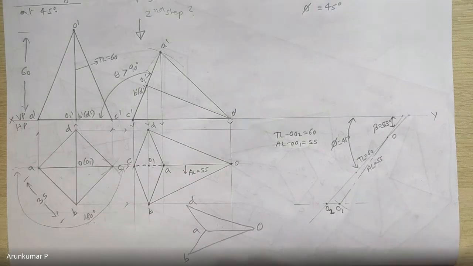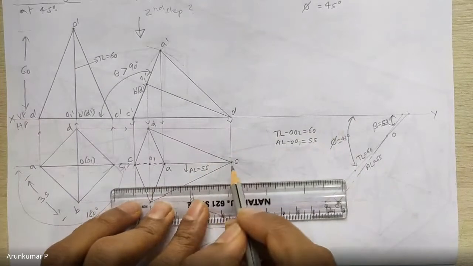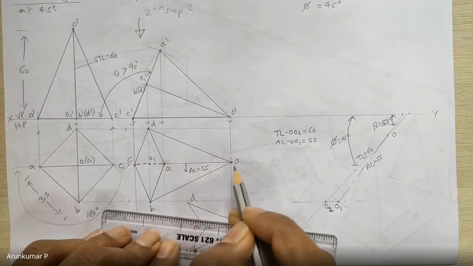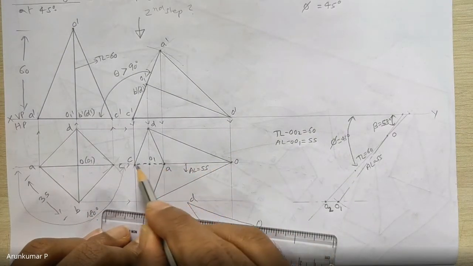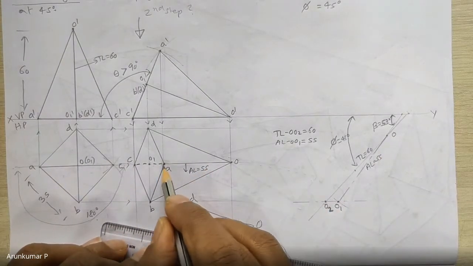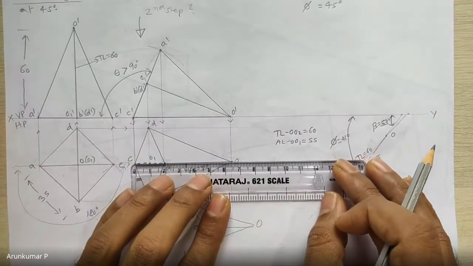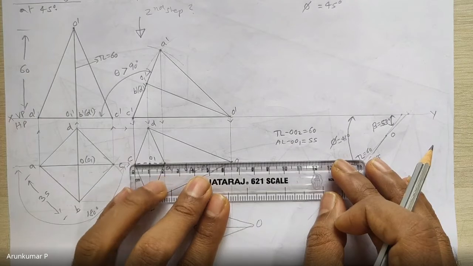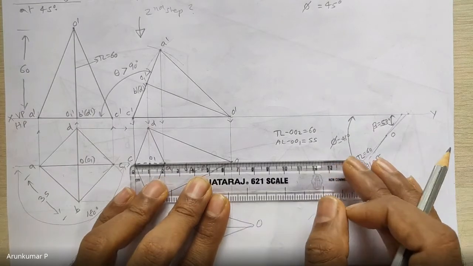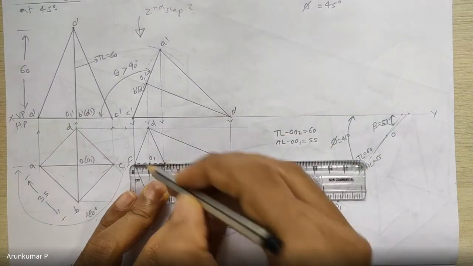Now why I told scale here is because on this straight line you have O, you have O1, you have A and you have C. You have got 4 points. Now I already have O and O1. You can easily locate A and C with the help of the scale. So it is 10 mm to the left, 10 mm to the right of O1.